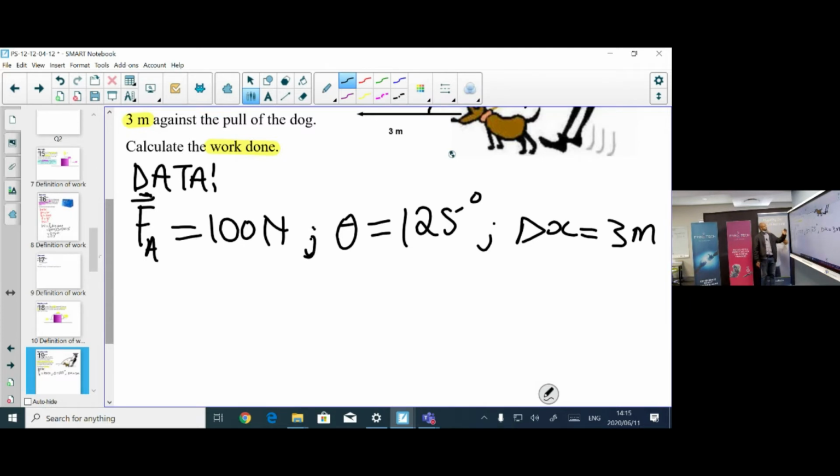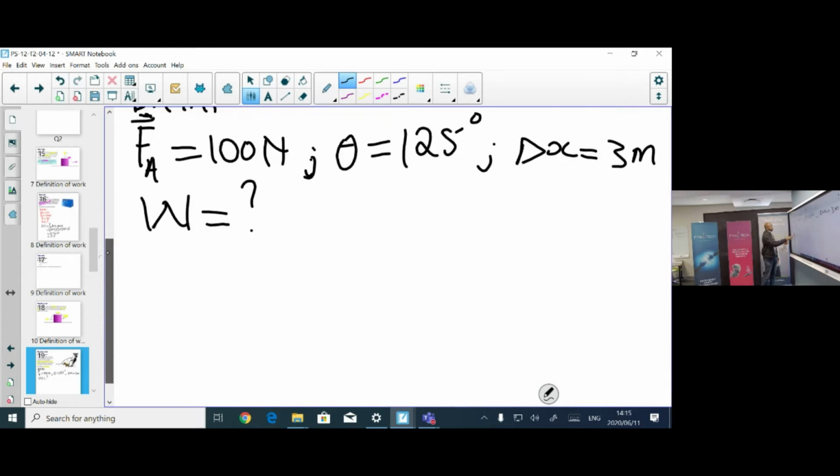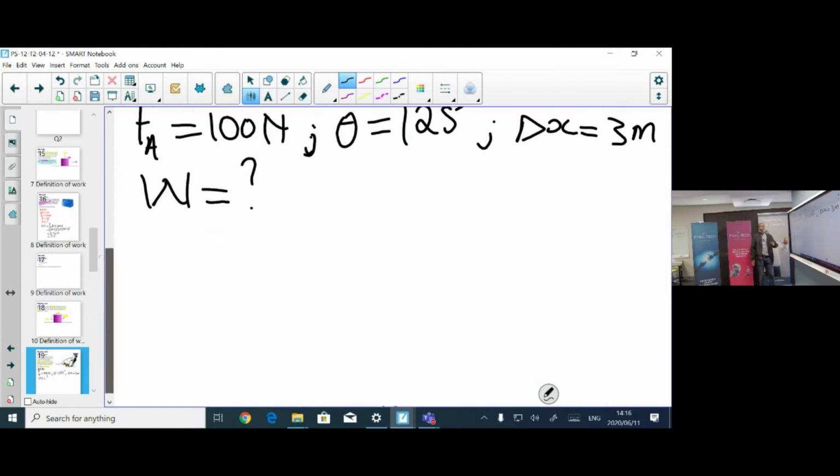If you can just look at that, we have to calculate the work done. This work done is also given. Let me put it down. W is equal to unknown. This is what we are going to work out. Let us move fast.